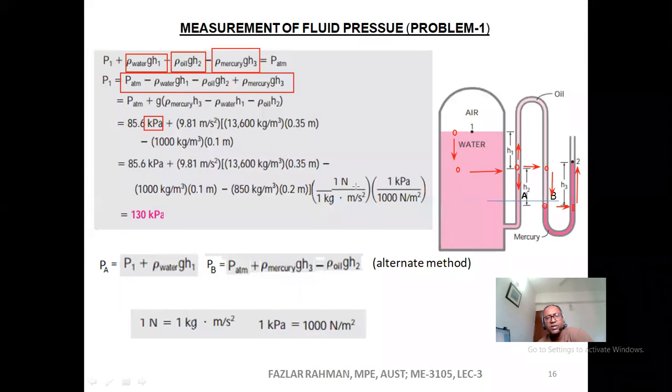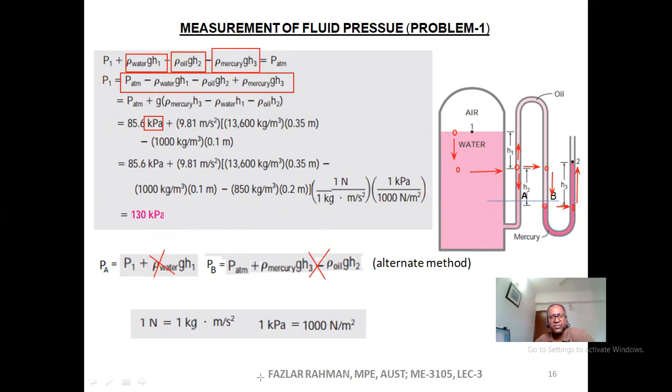You can also figure it out with an alternate method. In the slide, I was showing P1, P2, PA, A and B right over here, so you might be confused with this one, but we can do it another way.